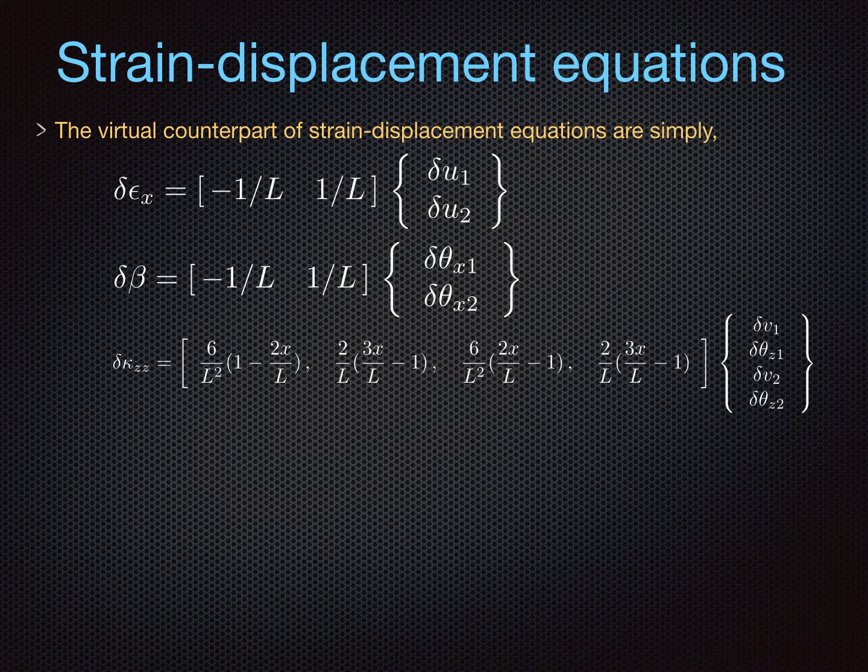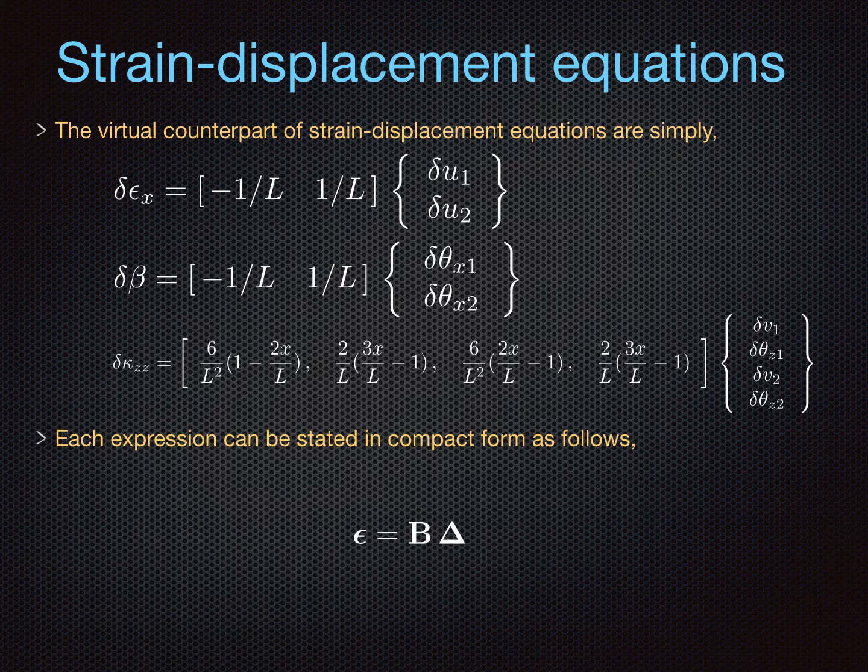If we use the Bubnov-Galerkin method, then we are using the same shape functions to interpolate the physical real displacement field as well as the virtual displacement field. So the strain displacement matrices are identical, but the vectors they multiply are the virtual counterparts of the kinematic degrees of freedom. And each of these expressions can be written up generically in compact form as follows.